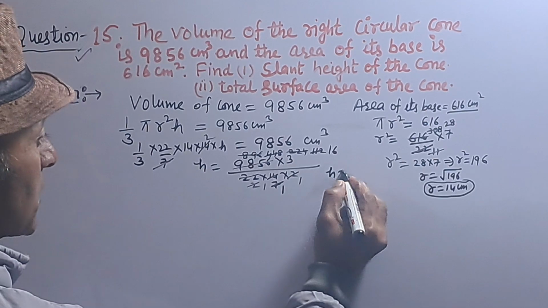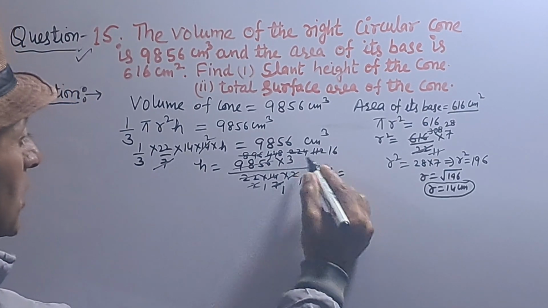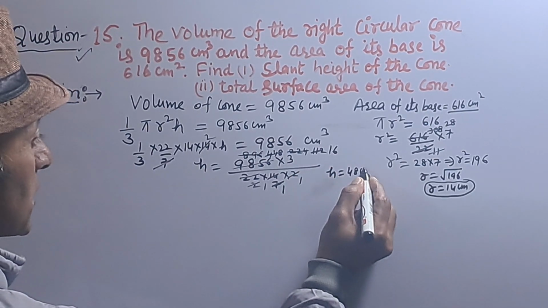So height is equal to 16 3s are 48 centimeter.